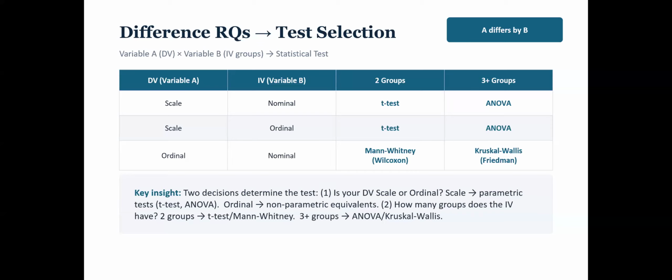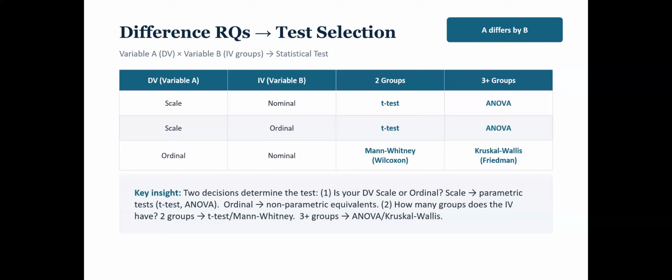I'm in t-test land, independent t-test land. If you have 3 or more groups, say time to run a 5K by younger, medium aged, moderate aged, and older aged, then we're doing kind of a one-way ANOVA.